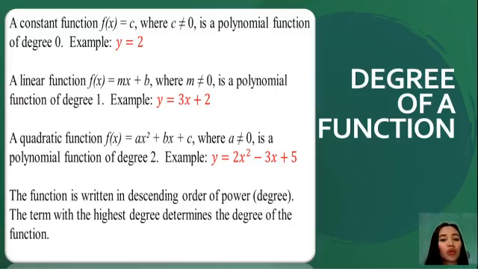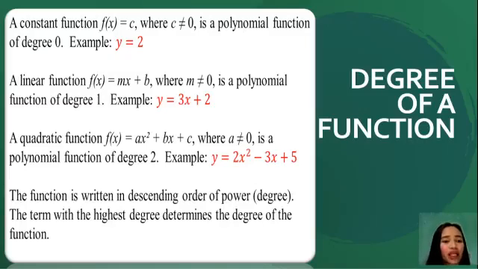So we're going to focus on 2x squared. What is the exponent? That is 2. The highest exponent for that polynomial function is 2. That is why this polynomial function has a degree of 2.